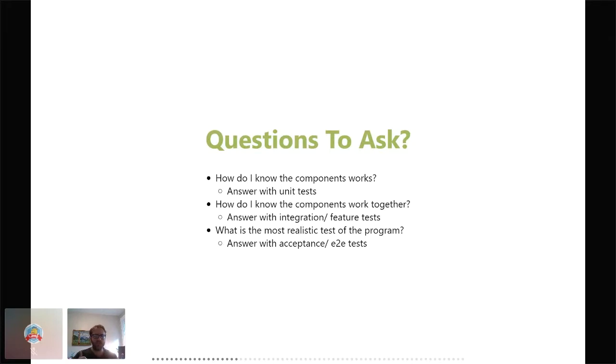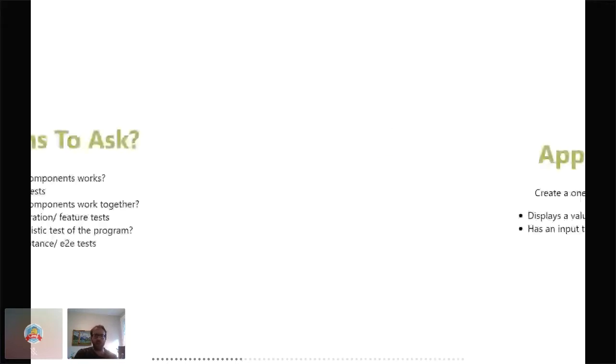And so this builds the pyramid. Kent C. Dodds, who's the author of React Testing Library, and I'll reference him a few more times, has an article called The Pyramid, where he shows a graphic called the Pyramid of Testing. Each one of these is a layer that gives you more confidence. So we just want to keep asking questions of our code and figuring out how to answer them.